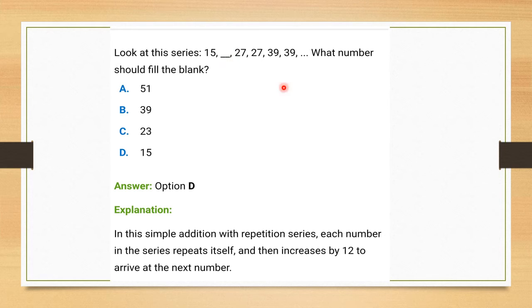In case we have to fill the other blank, we have to check the difference between the alternative numbers. If we add 15 plus 12 we get 27. Again, if we add 12 to 27, we'll get 39. And if we add 12 to 39, we'll get 51 as the answer over here.